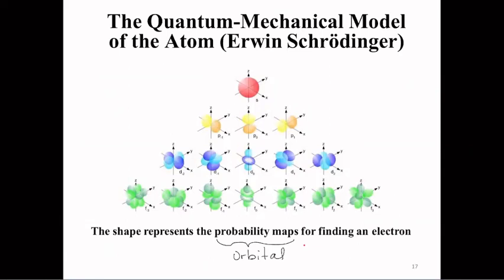We can find an electron accurately 90% of the time. So far, still in 2022, we utilize these probability maps to define the location of the electrons in a particular atom. So these images that you see in the slide are actually the probability maps. In other words, the orbitals of where we can find an electron.